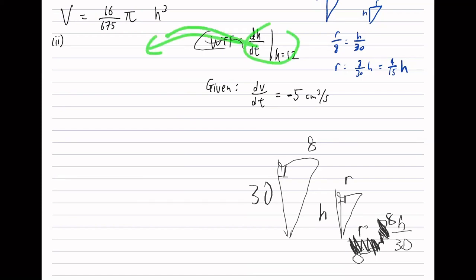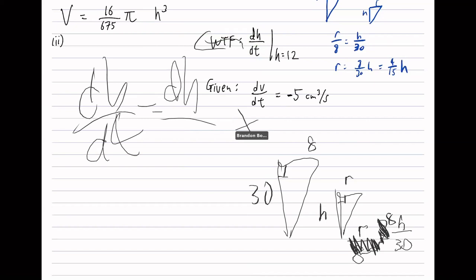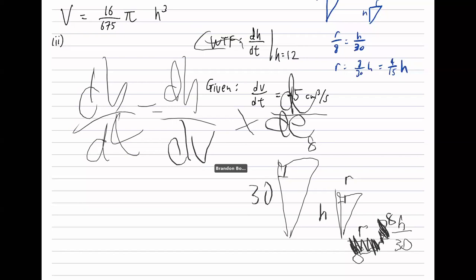Do the trick. dh over dt equals dh over dv times dv over dt. dh over dv, nope.